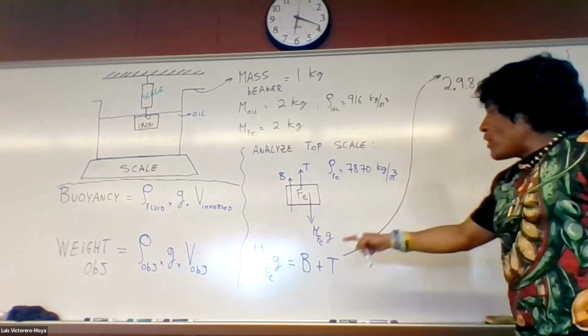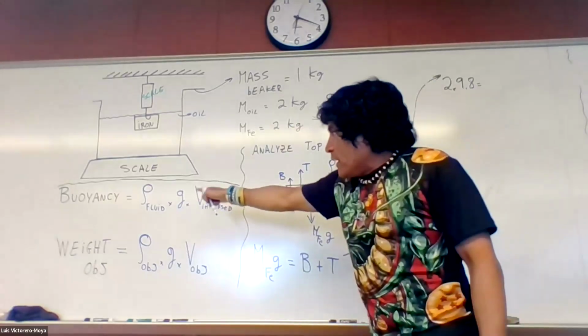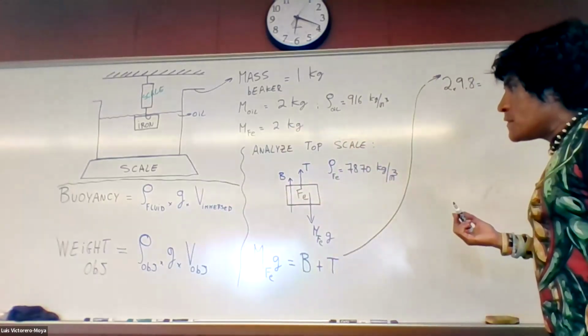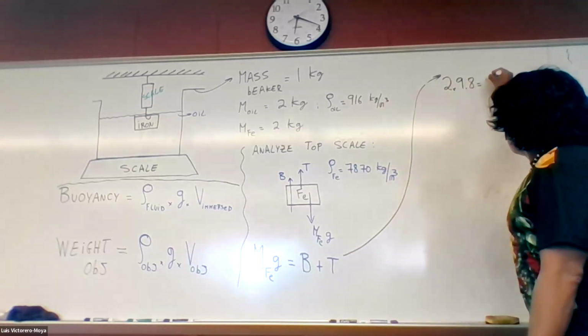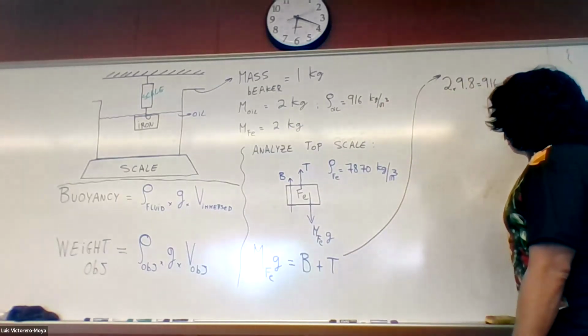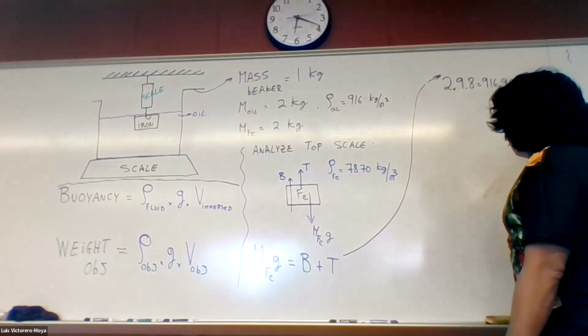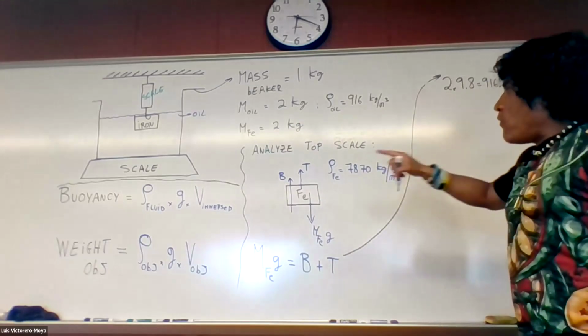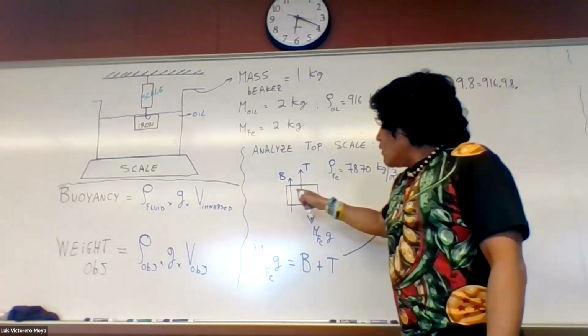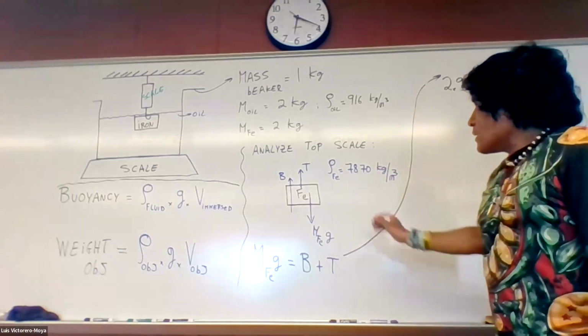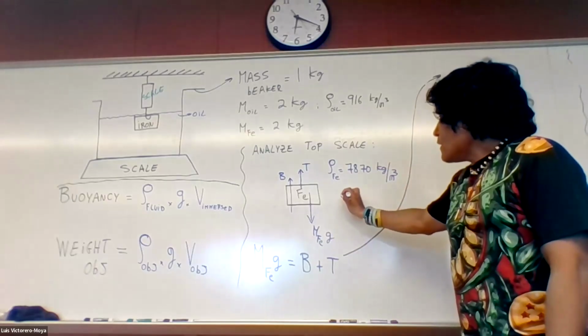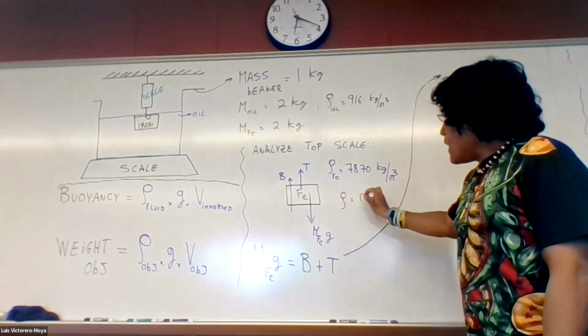That's equal to the buoyancy plus tension. That's what I need. So the buoyancy is density of the fluid times gravity times volume. I do need the volume of iron.